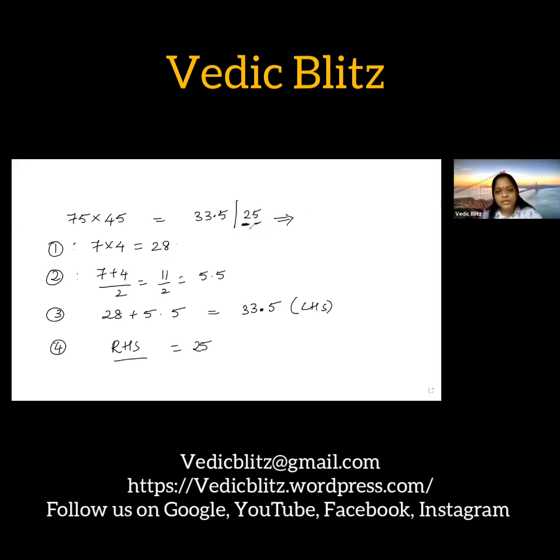Yes, exactly. So if you multiply 33.5 by 100, 3350, plus 25. Yes, it will be 3375. So 3375 will be your answer. Correct. Yes.